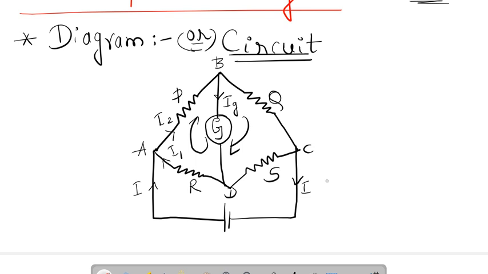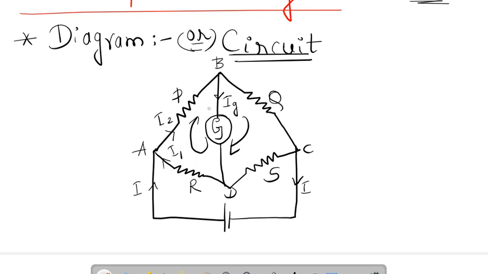Now, let me tell you the construction here. It consists of four resistors, that is P, Q, R and S, and these are arranged in the form of a bridge.